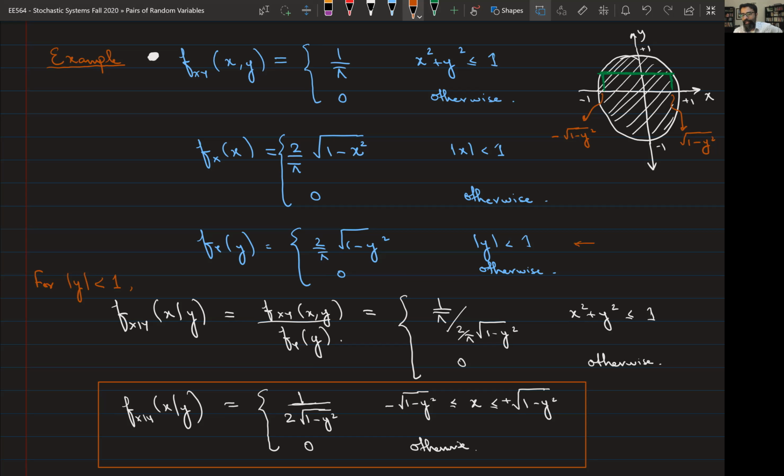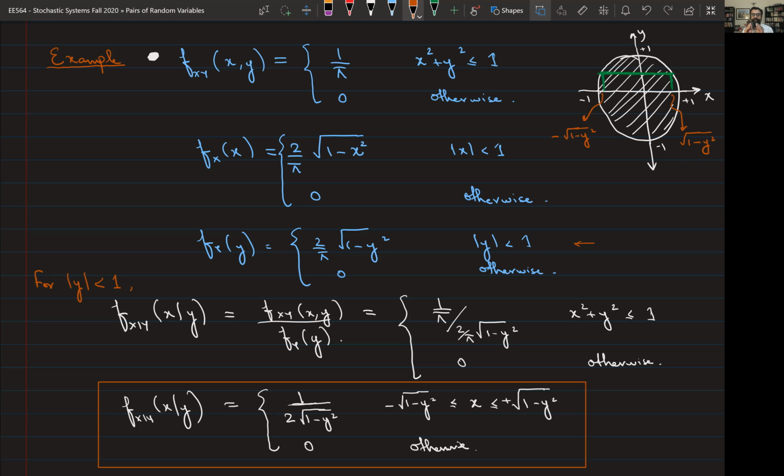Now you can say what happens when y increases or decreases. What happens when y is close to 1? Is the uncertainty in x smaller or higher? Smaller, right? So when y is, let's say, 0.99, x is once again uniformly distributed, but between two values which are very, very close to 0.